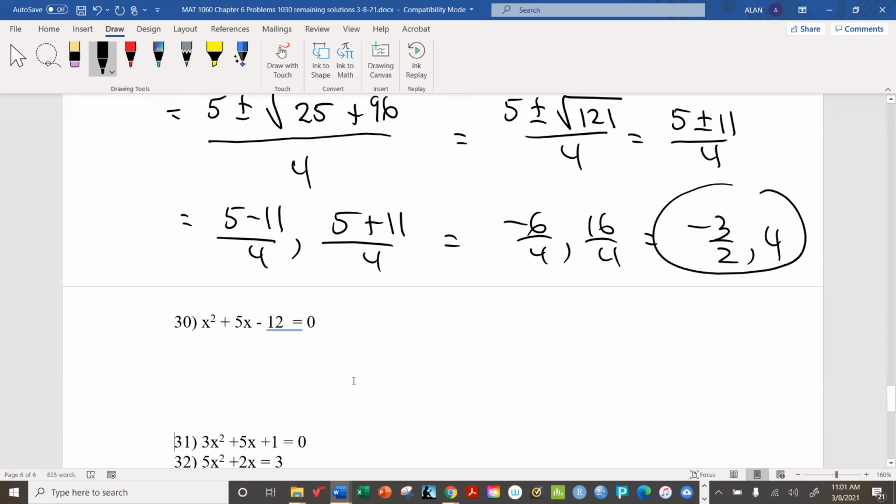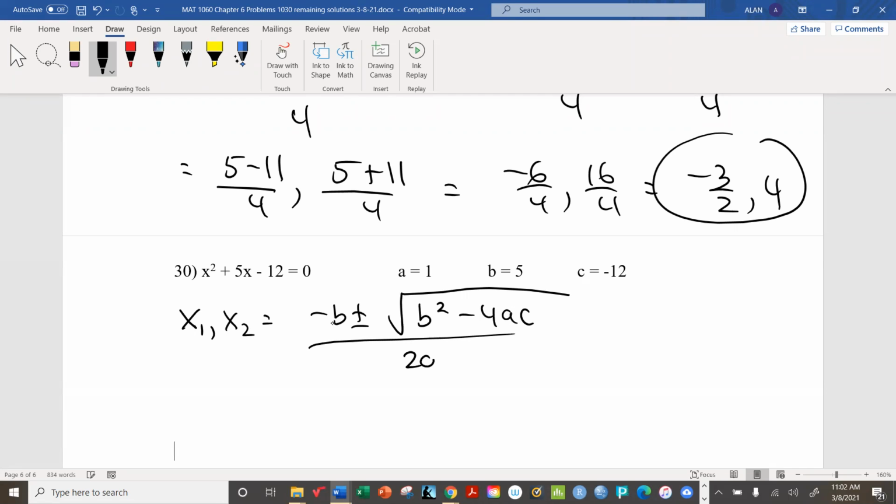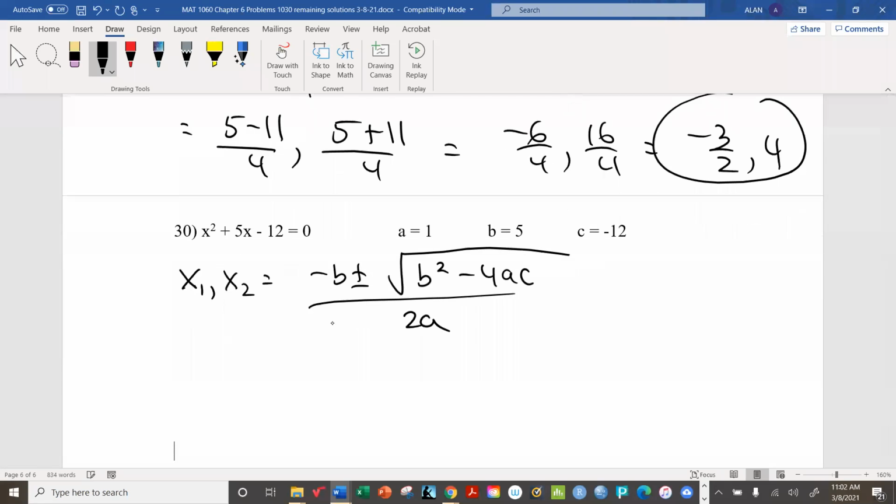And so that tells me that A equals 1, B equals 5, and C equals negative 12. All right, so here we go. Okay.